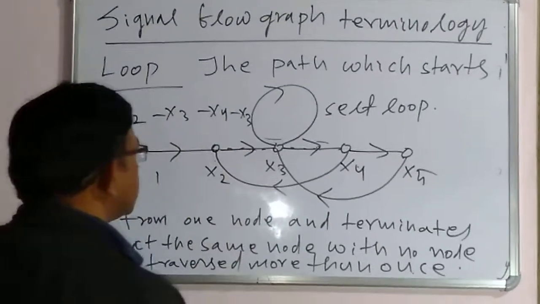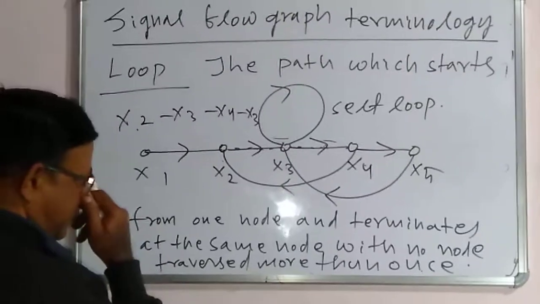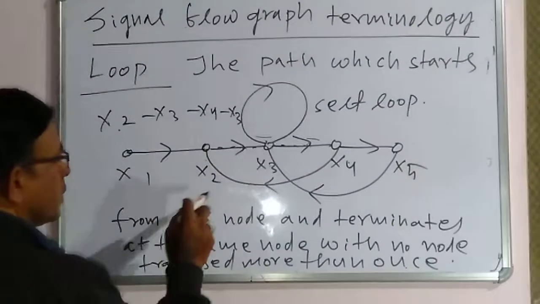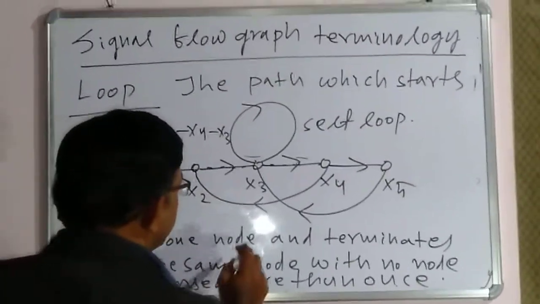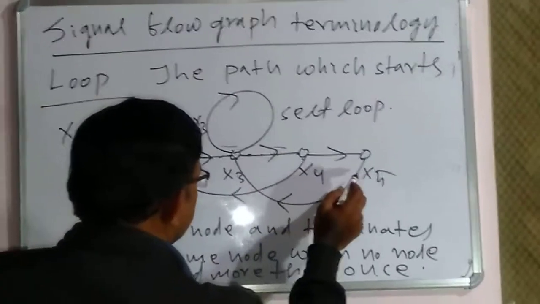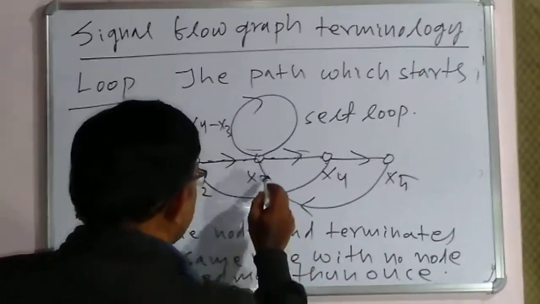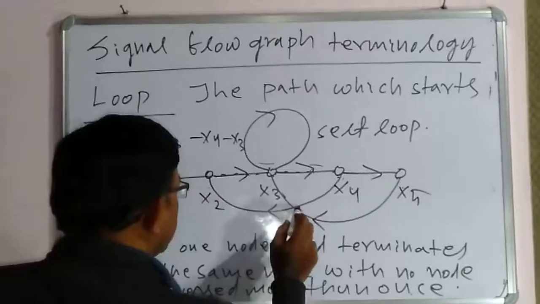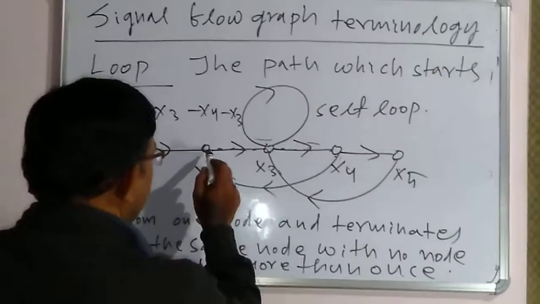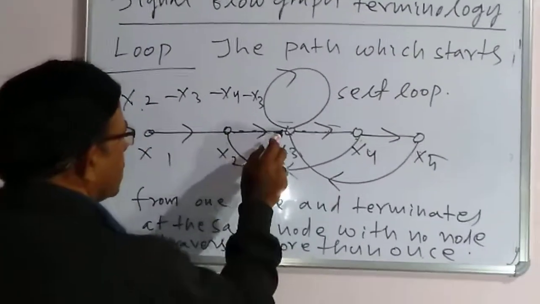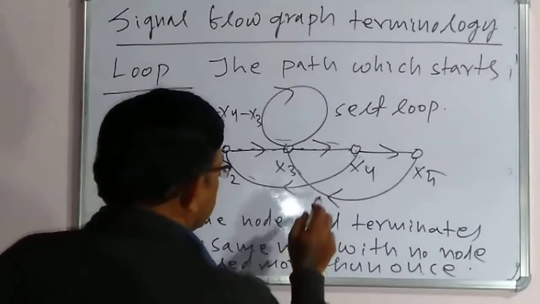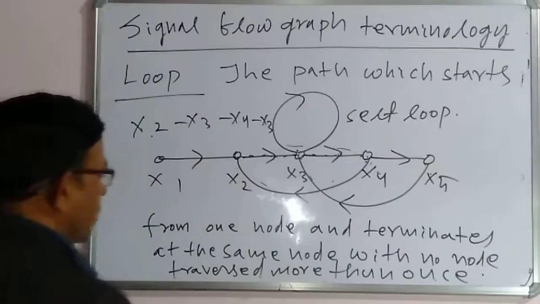Therefore, this is simply called a loop. This is a valid loop. An invalid loop would be if we start at x2, x3, x4, x5, again come to x3, x4, x2. This is not a valid loop because we have traversed a node more than once.